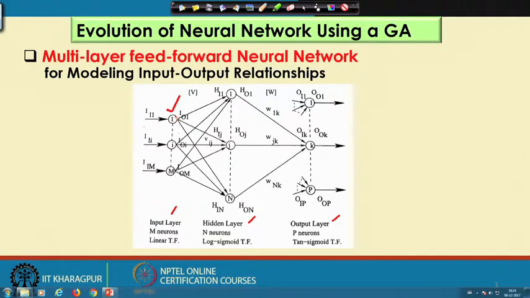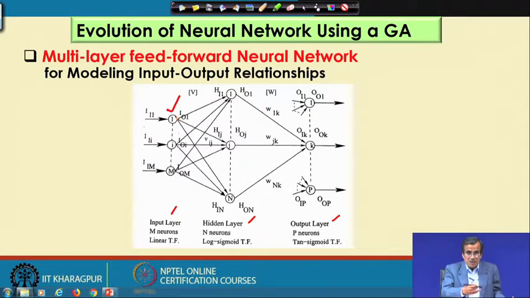Let us try to see in short the principle of the biological neuron first, and then I will try to design the artificial neuron, and then gradually constitute a layer of the network, and then the whole neural network, and we will see how to evolve this network with the help of a genetic algorithm.